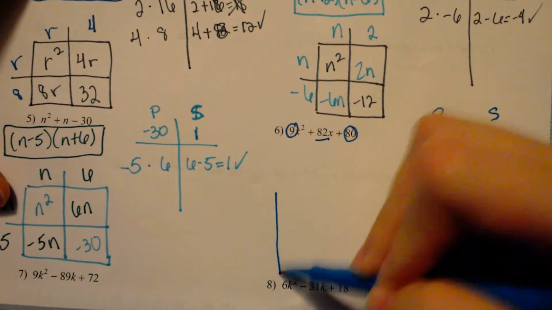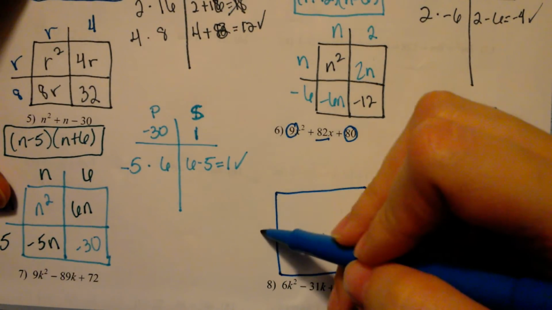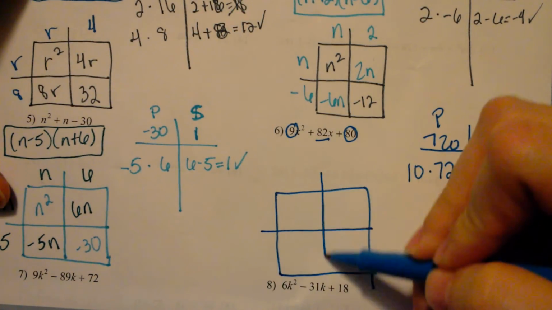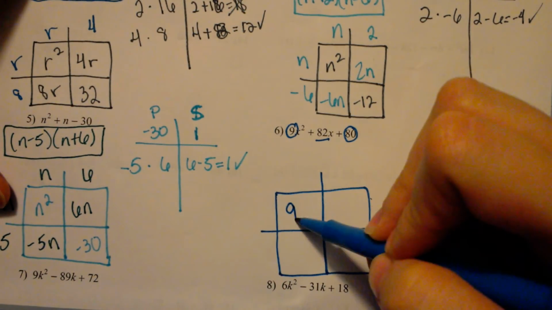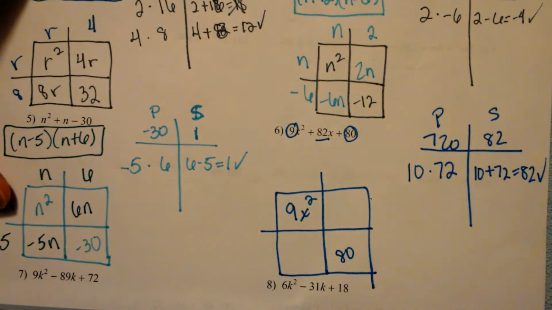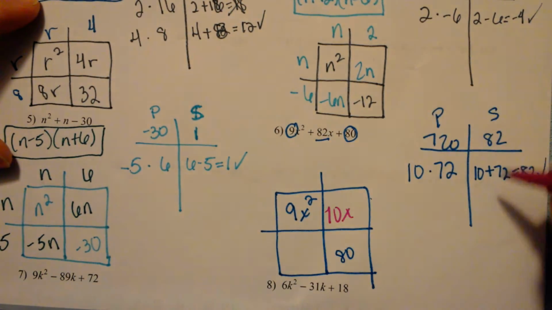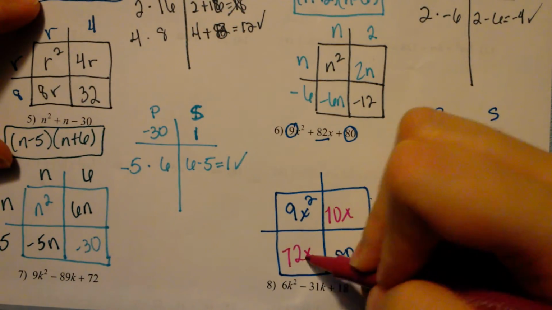I'm going to draw my box. Nine x squared, and then 80. And then 10x and 72x.